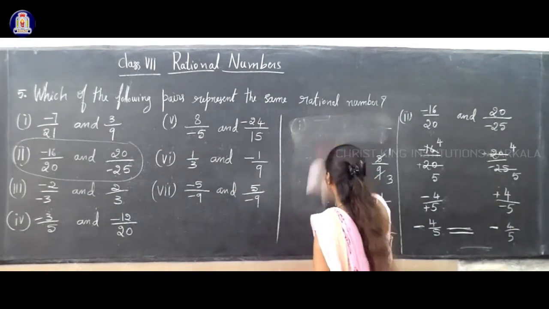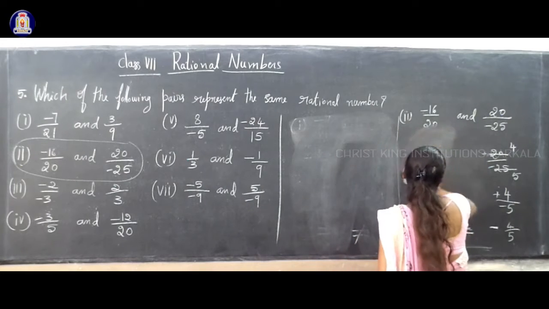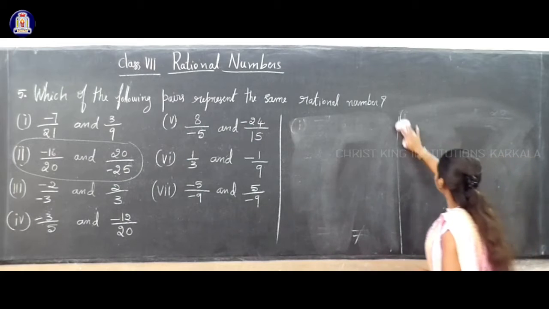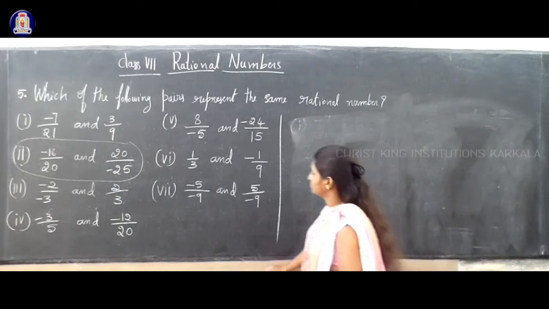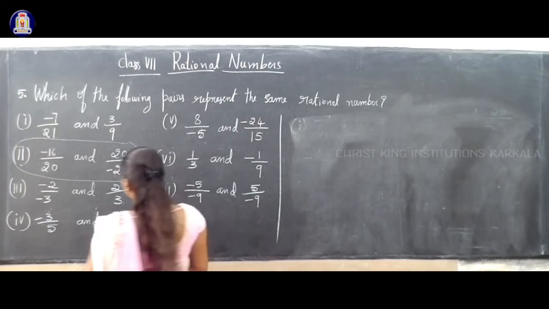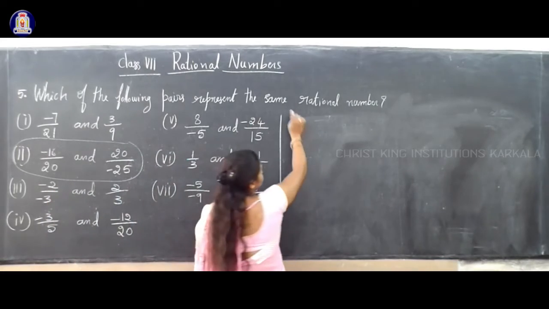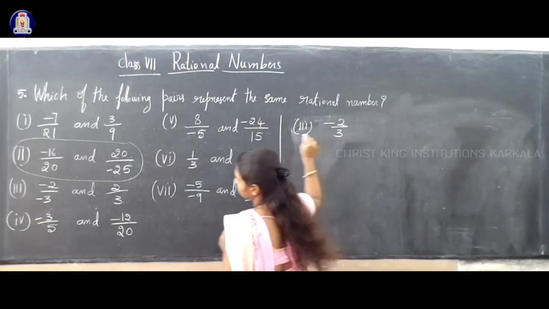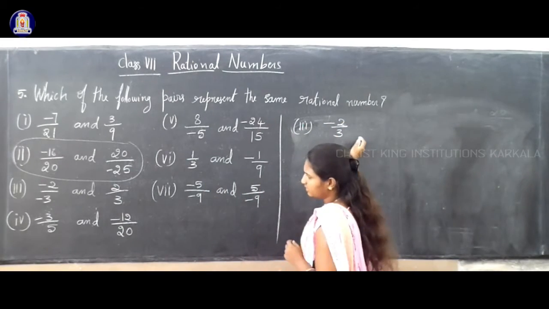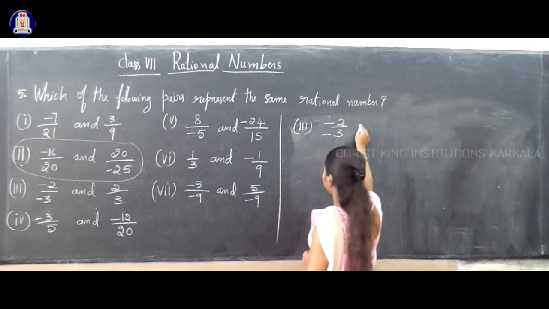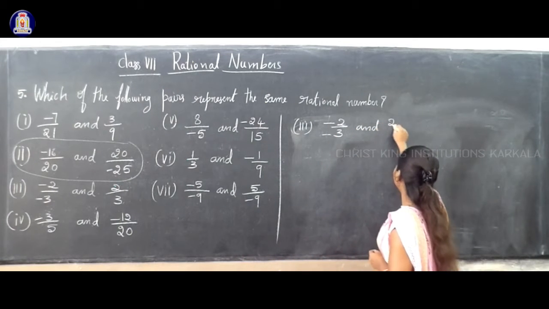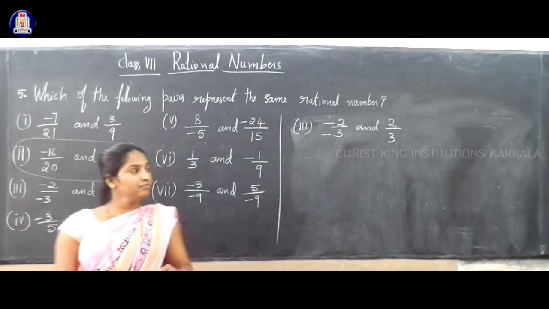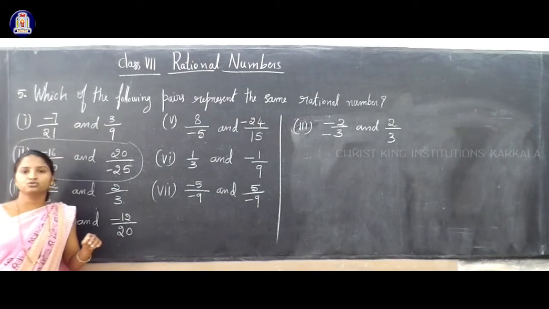What is the third pair of numbers? The third pair of numbers is minus 2 by minus 3, and one more rational number, 2 by 3.